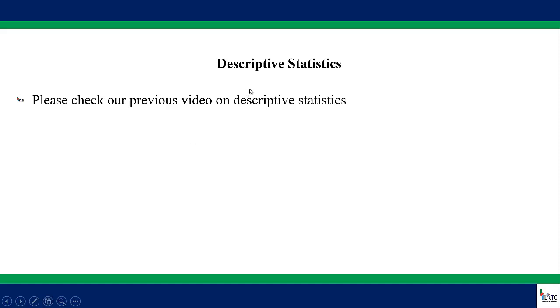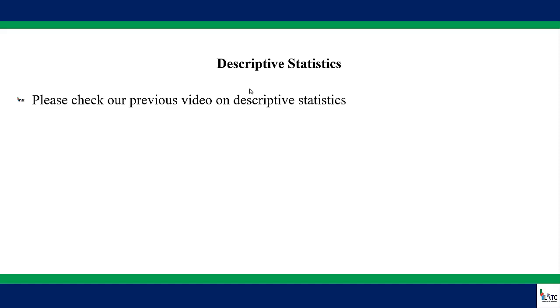Now, once you have your model, the next thing is the descriptive statistics. This particular test enables you to determine the behavior of your data. It provides the mean, the median, the maximum, the minimum, the standard deviation, the Jarque-Bera, as well as the probability.